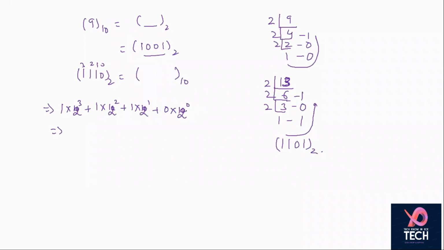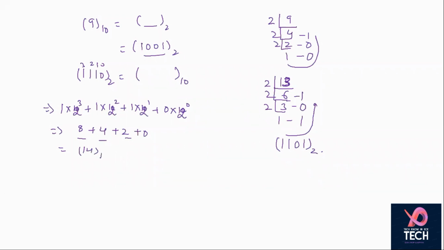When you convert it, 1 into 2 raised to power 3 is 8, plus 4, plus 2, plus 0. So this gives you 14.